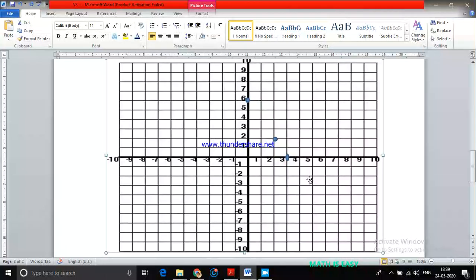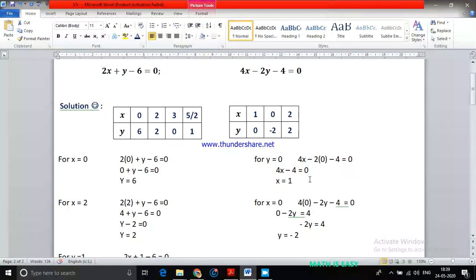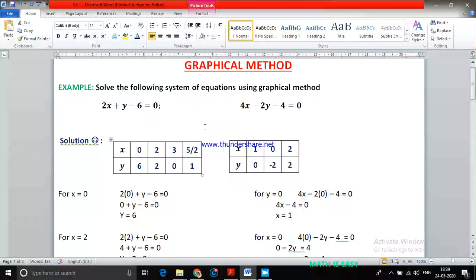Now I got all the 3 points. Fourth point also, if you want to remember, x is 5 by 2. 5 by 2 means 2.5. X is 2.5 and y is 1.